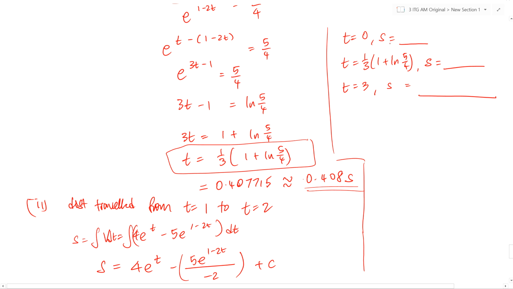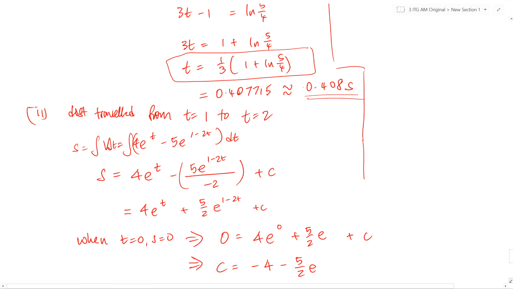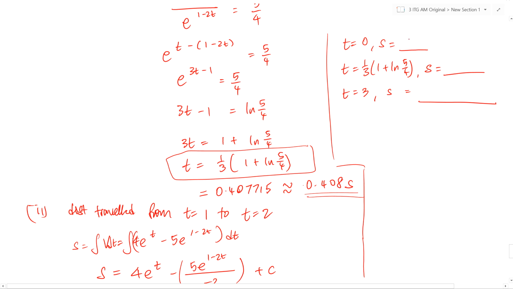When time equals 0, our displacement is zero. First one done. For the second one, when time equals 1/3 (1 plus ln 5 over 4), s over here is equal to, go and substitute and calculate. This value is negative 1.775, approximately.